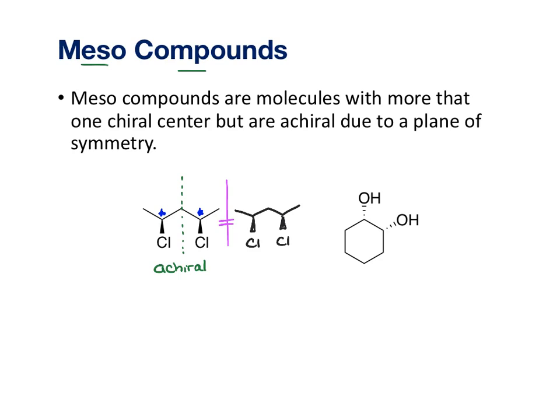This is superimposable, so it doesn't have an enantiomer, which is why the molecule is achiral. In the second example, we have a chiral center here and here, but again, there's a symmetry plane that cuts through this, rendering this molecule achiral as well. If it's achiral, it does not have an enantiomer.